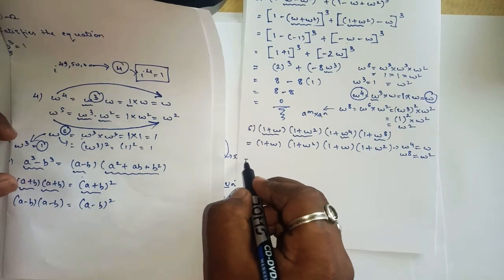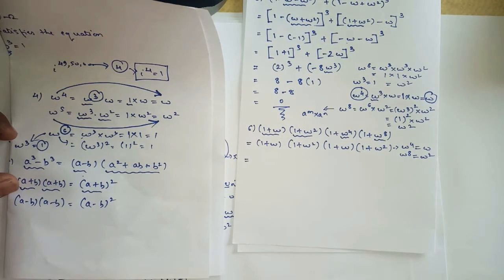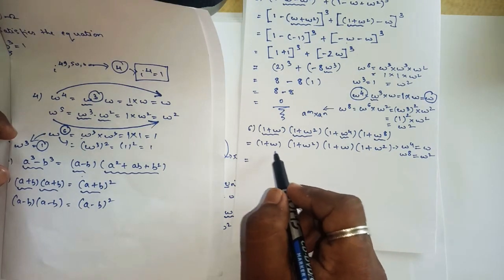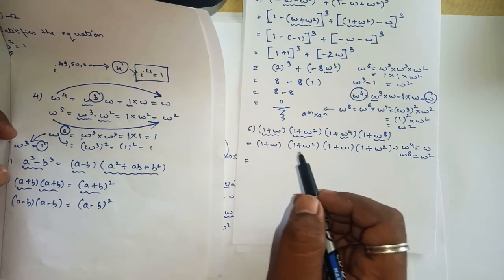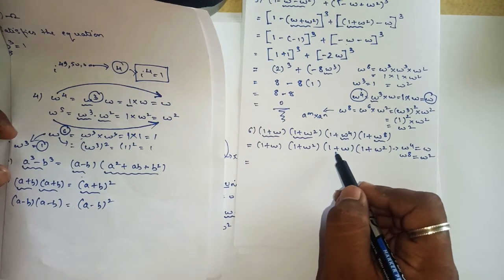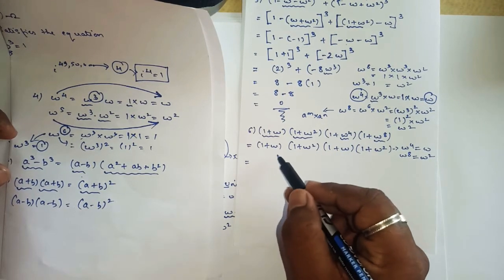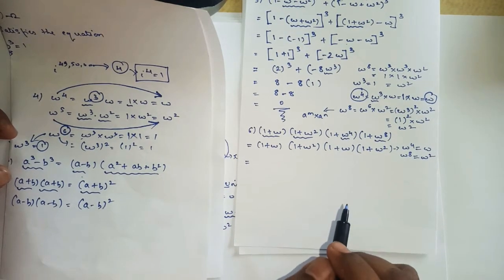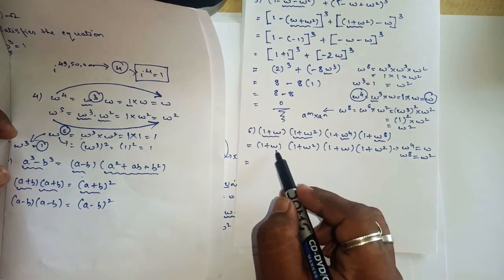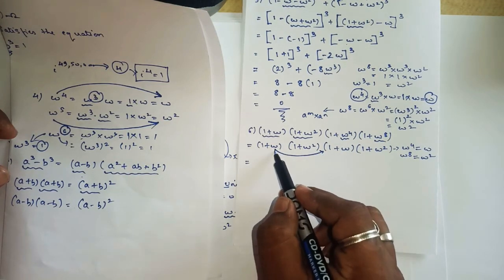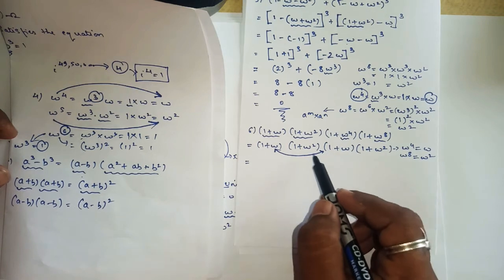Now after this, there are 2-3 different methods. The first method: take the first and second brackets and open them. Whatever answer you get for these two sections, open the bracket again with the third part. Whatever answer you get for this section, again open the bracket with the fourth part. That is method number 1. The second method: clearly we can see that these two terms are the same, with the same symbol also.